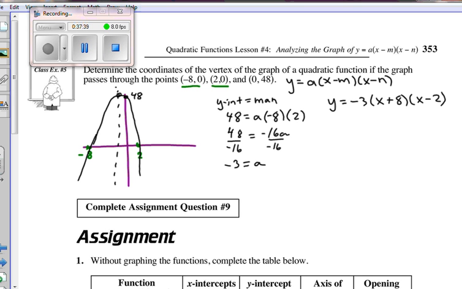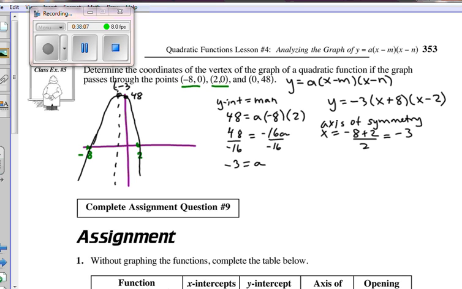So axis of symmetry is -3. How did you get that, Jesse? -8 plus 2 divided by 2, which gives you -6 divided by 2, which equals -3. Okay, so now we know this point here is -3.